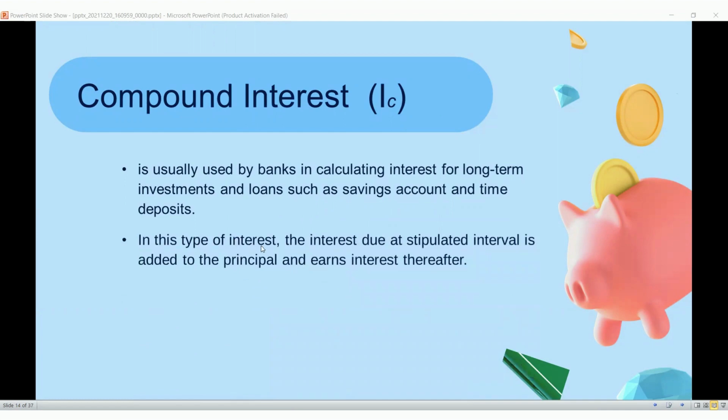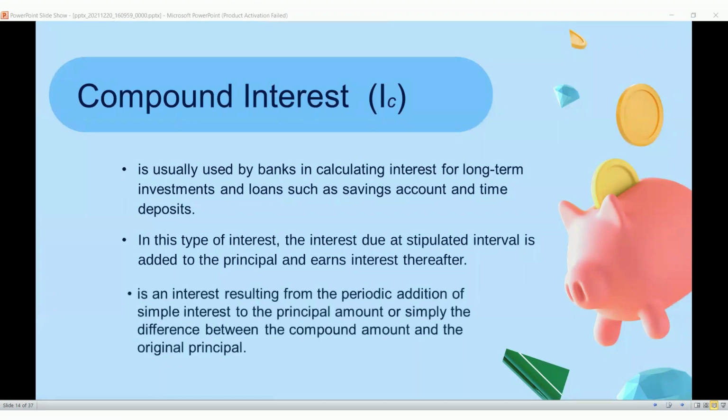Next, in this type of interest, the interest due at stipulated interval is added to the principal and earns interest thereafter. So yung interest added to the principal also earns another interest. So mas lumalaki siya over time. It is an interest resulting from the periodic addition of simple interest to the principal amount, or simply the difference between the compound amount and the original principal.